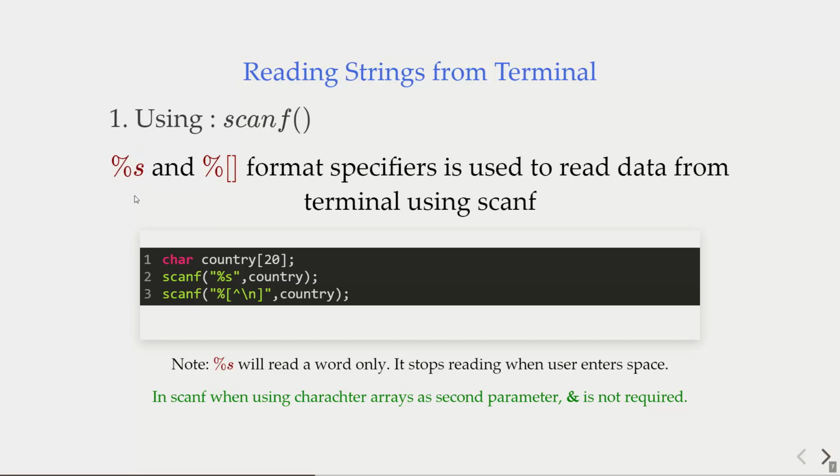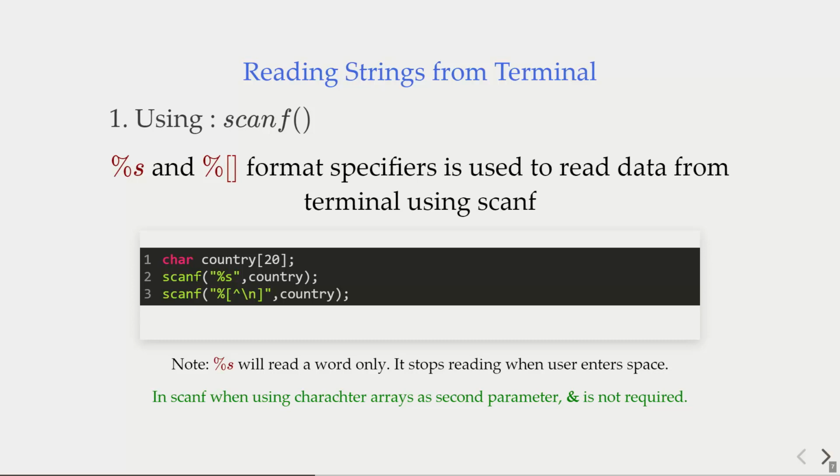So %s is used when you want to take string input from the user, and it is used in the following form. You can refer to line 2 of the code. Basically you declare a character array, here in our case of size 20.